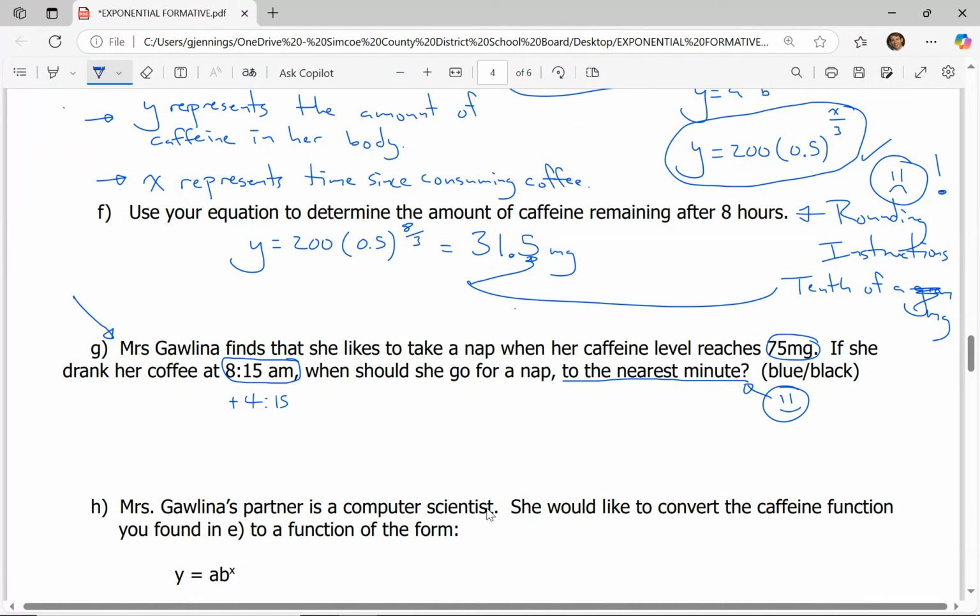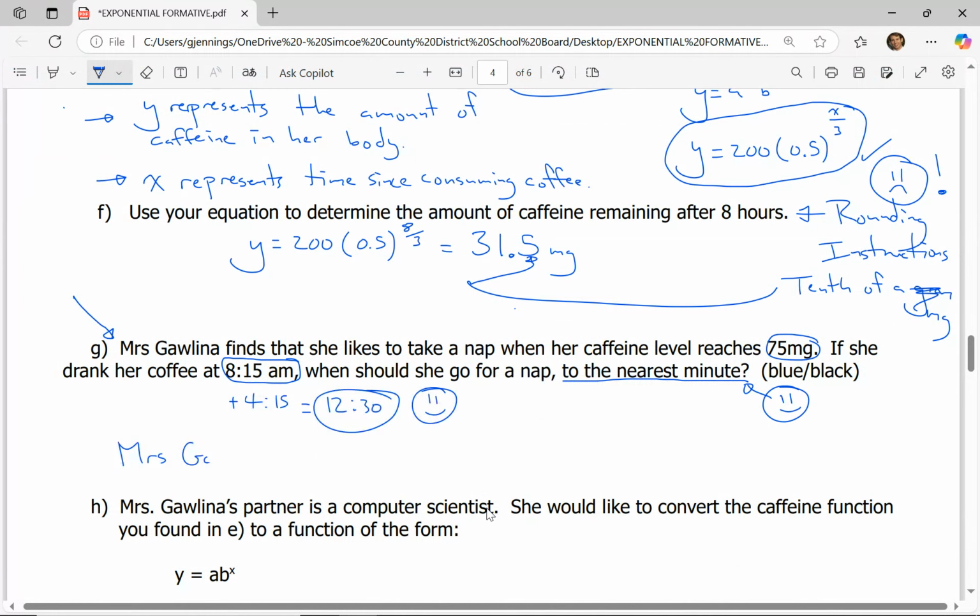So we should say Mrs. Galina should go for a nap at 12:30 PM. This was given in AM. And the sentence, beautiful.